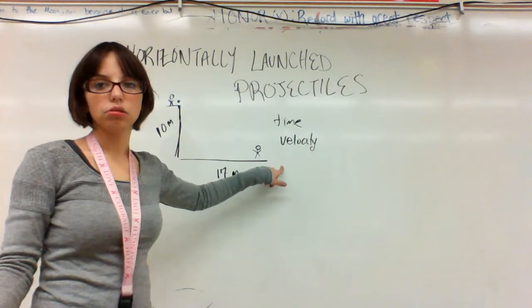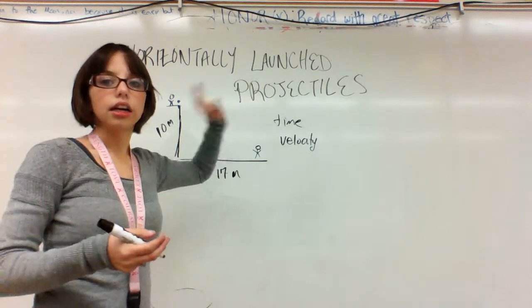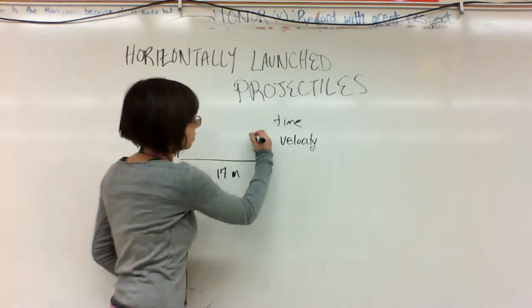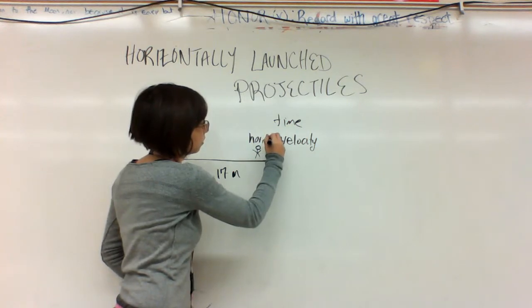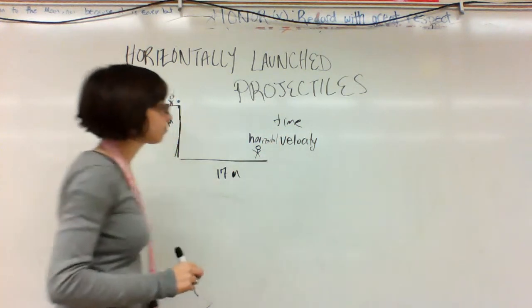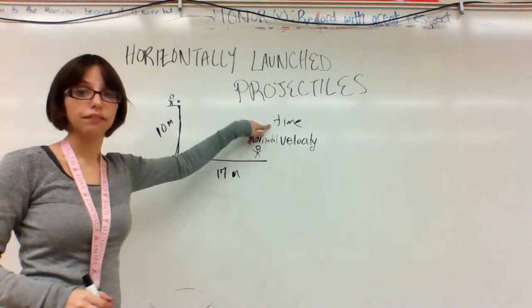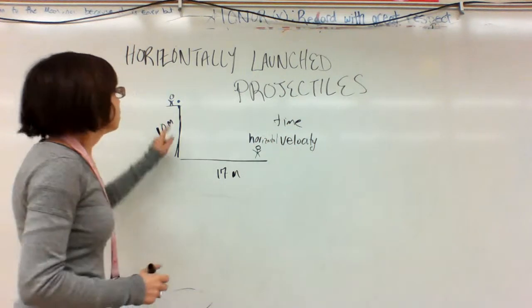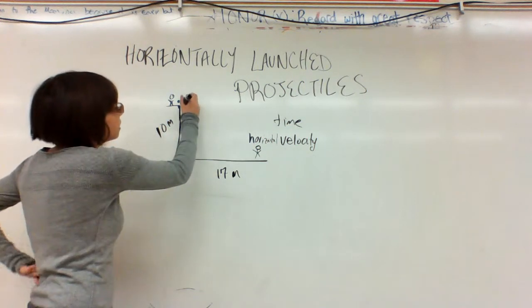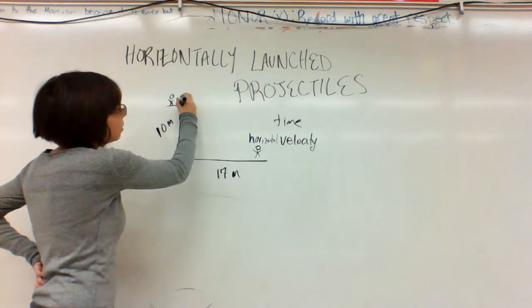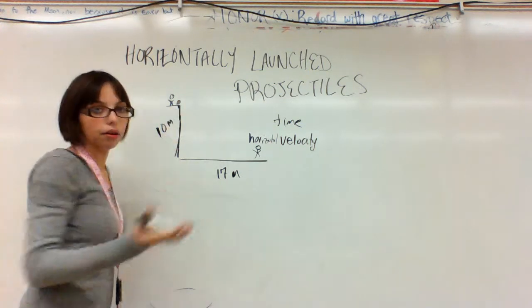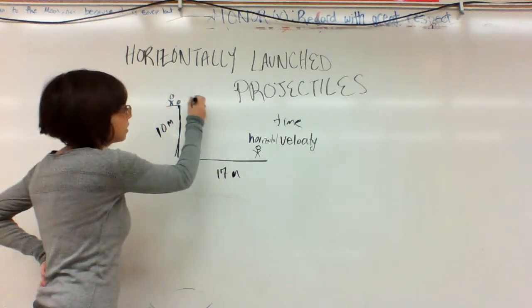Again, I'm launching this horizontally. I'm only giving it initial horizontal velocity, so I'm going to specify that it's horizontal. So let's focus on time first for now. If I throw it, how long is it going to take to get to here?